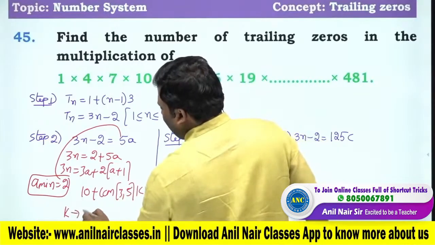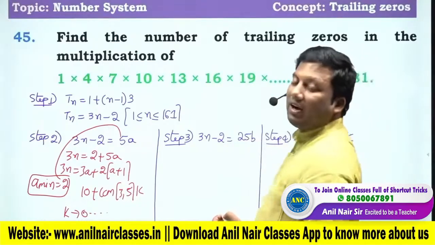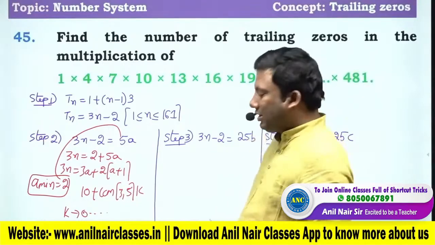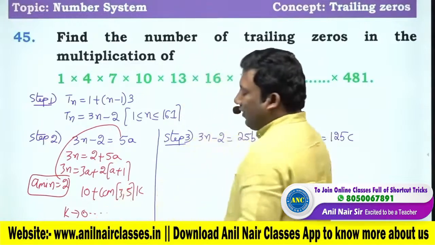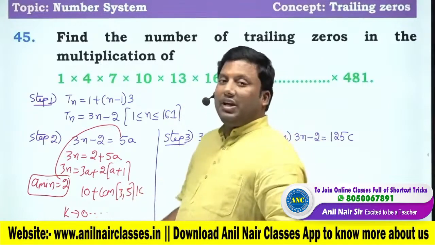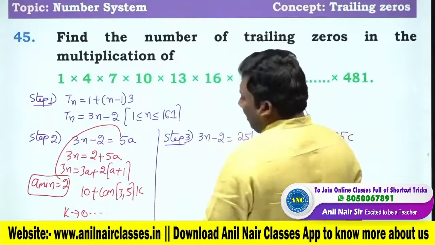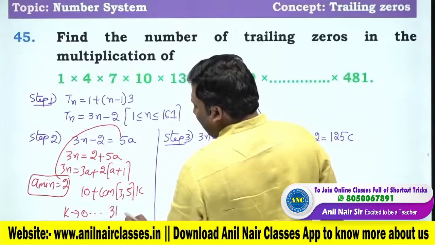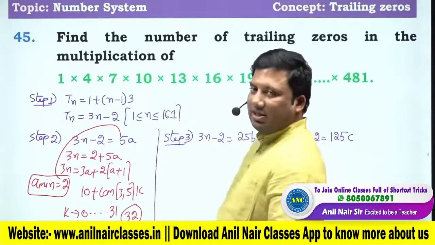K value can range from 0 to 15 3s are 45, 15 2s are 30. 0 to 30, 32 if I take 15 into 32, 480. 480 plus 10, it is 481. So it will take till 31. 0 to 31, 32 values are there.